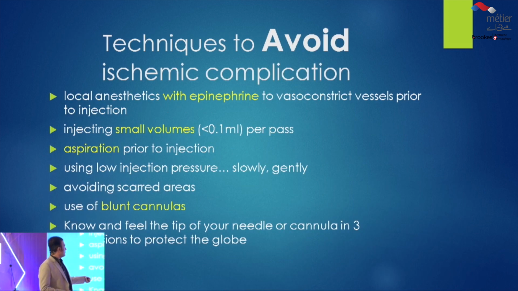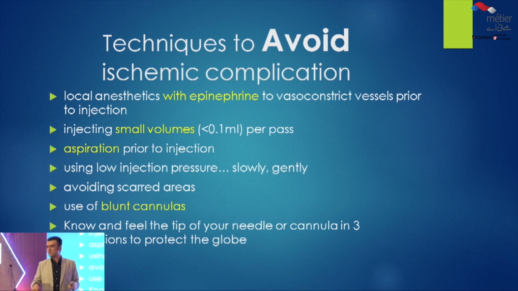So the techniques to avoid the ischemic complication: always try to use local anesthetics with epinephrine, try to inject less volumes, aspirate first. I have listened from experts all around. They say even if you aspirate for more than 10 seconds or even more than that, you may not be safe, but better to be on the safer side.